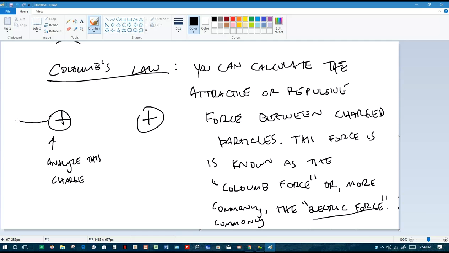Exactly, because you already know that similar charges repel and opposites attract, right? Yeah. So it'll get pushed to the left. And remember, we used to do free body diagrams a long time ago. Same idea, right? You could draw a free body diagram for that and show that it's feeling an electric force to the left.